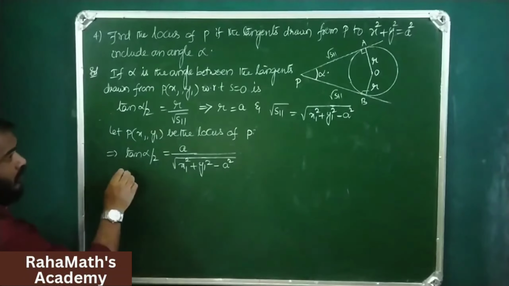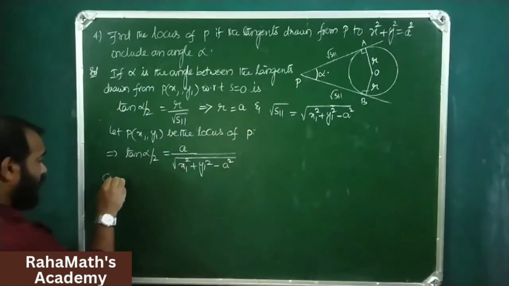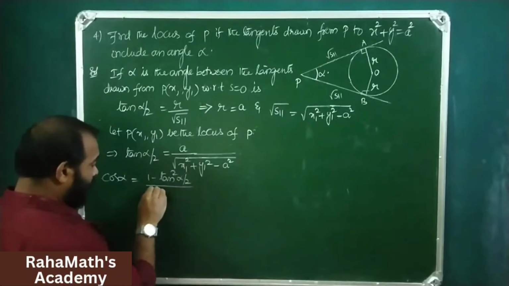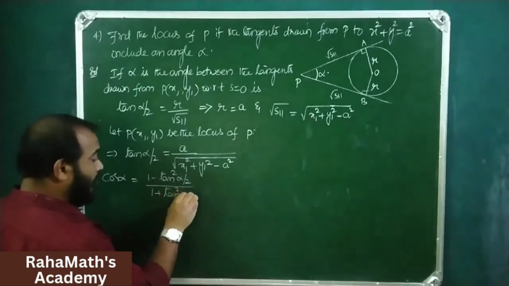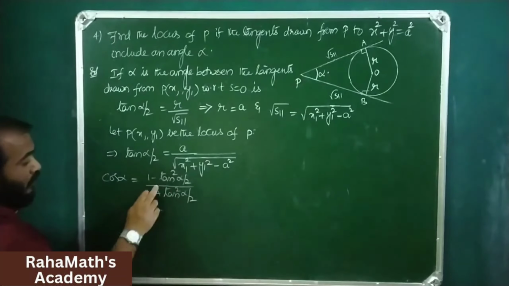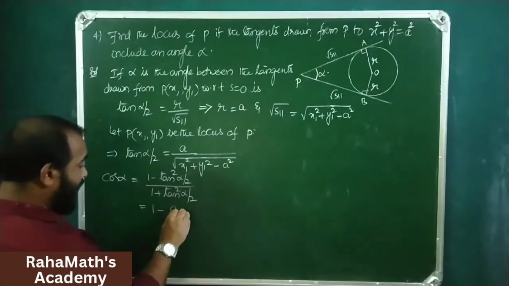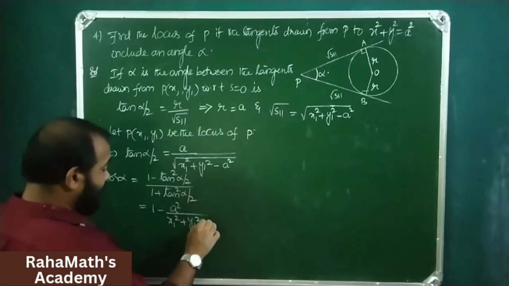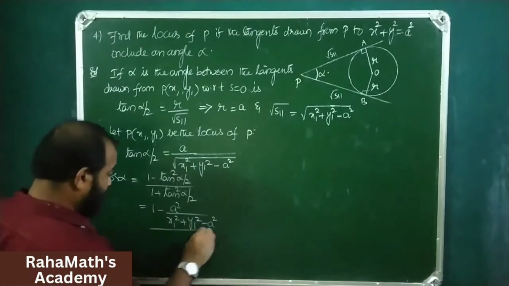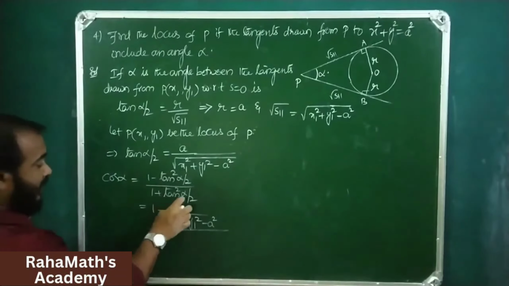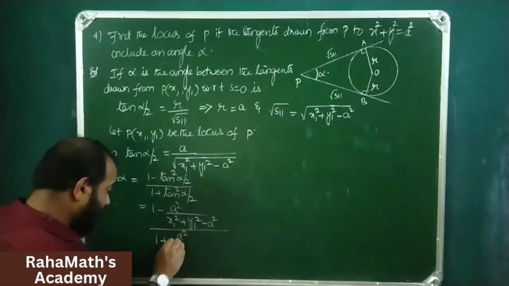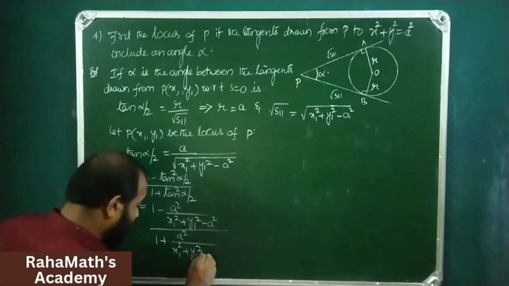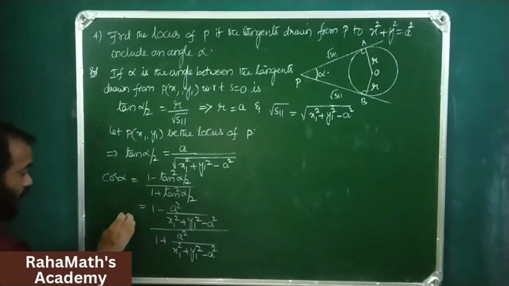Now since alpha is the included angle, what is cos alpha? (1 minus tan square alpha by 2) by (1 plus tan square alpha by 2). What is tan square alpha by 2? It is a square by (x1 square plus y1 square minus a square).